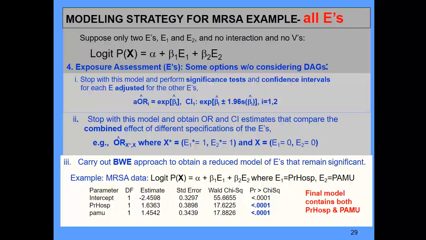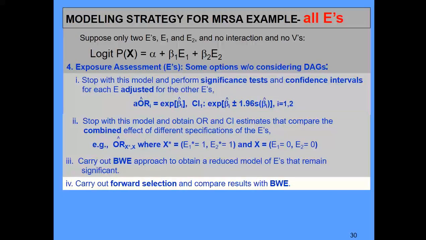Now, there are other ways. Another approach, which you learned in the linear regression course, is what's called forward selection. You remember what that was? You don't start with any variable in the model other than the intercept.